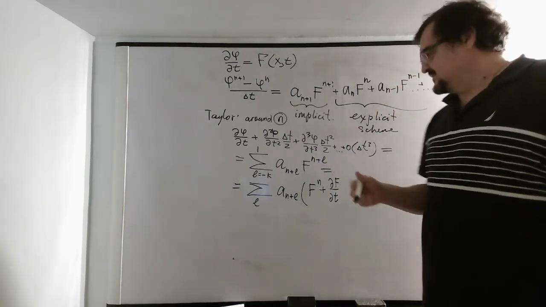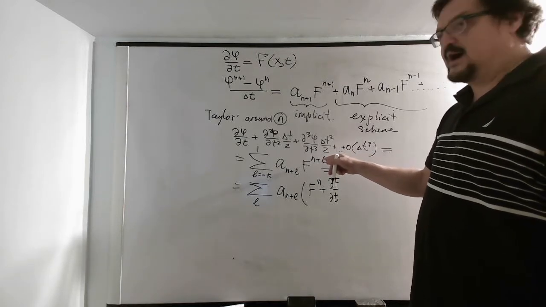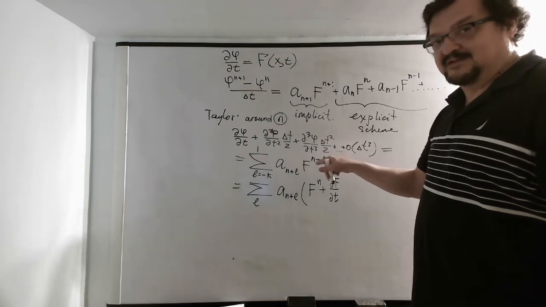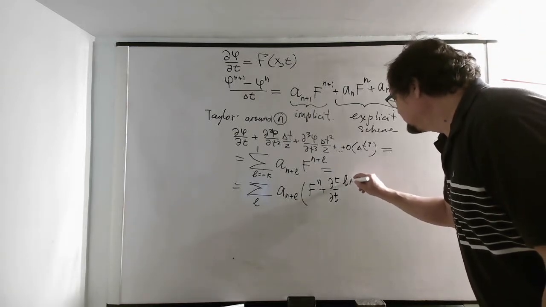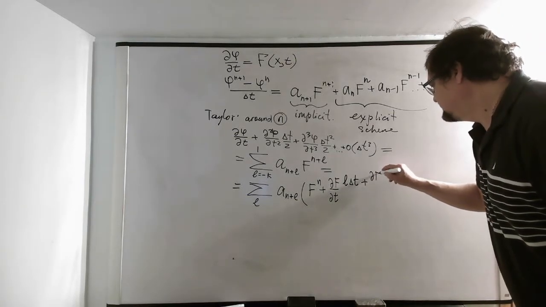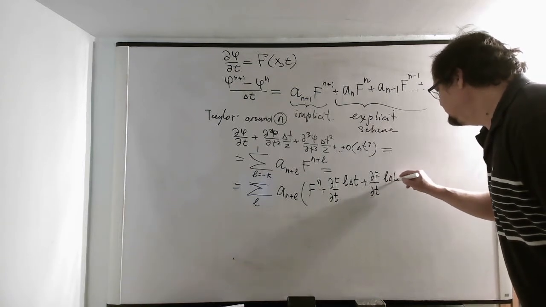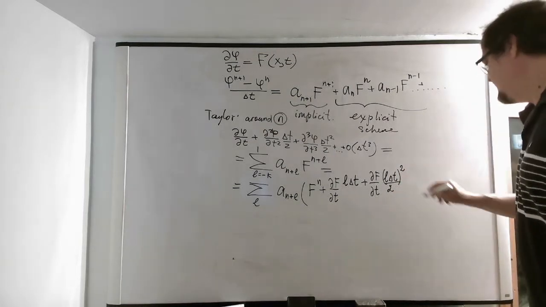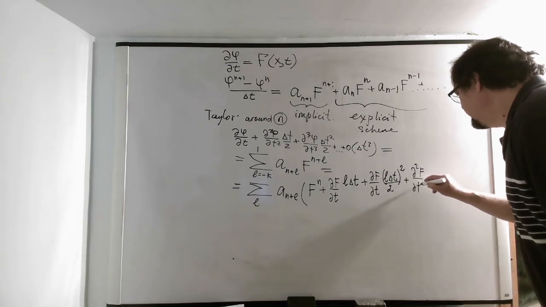Now delta t here depends on L. If L equals 1, then delta t equals n plus 1 minus n, it's 1 delta t, and so on. So it should be L delta t, and plus the second derivative df dt, L delta t squared divided by 2, plus the second derivative f delta t squared.